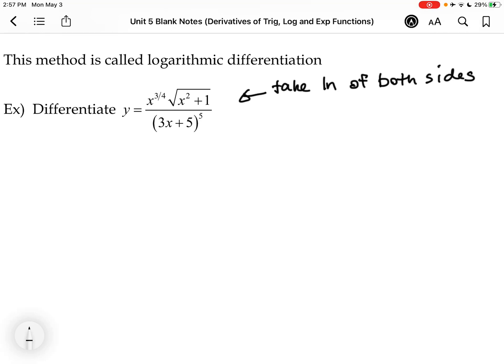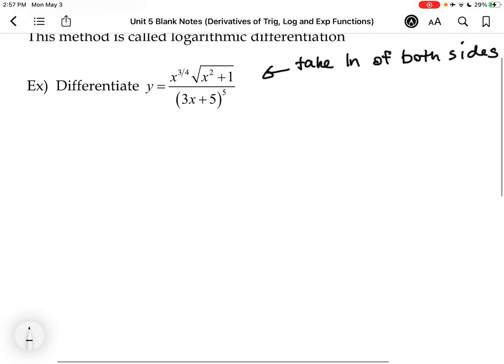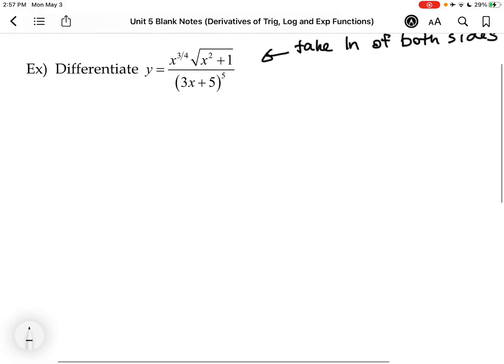And we will have to do some implicit differentiation here because instead of having y equals, we're going to have ln y equals. But we've dealt with that before and we can deal with it again. Okay, so what we're going to do first is start by taking the ln of both sides.